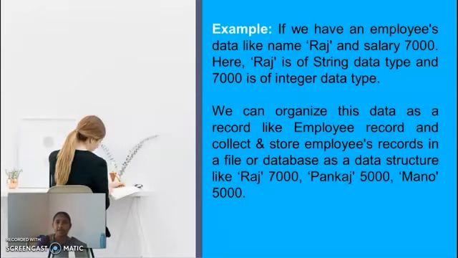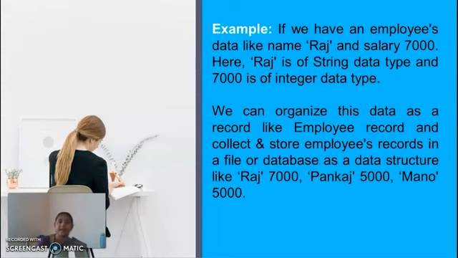For example, if you are going to construct an employee table, in that employee table we will have a large amount of data, in different data types. Name, employee ID, employee salary, and so on. We are taking only two details here, name and salary. Name is Raj and the salary is 7,000.